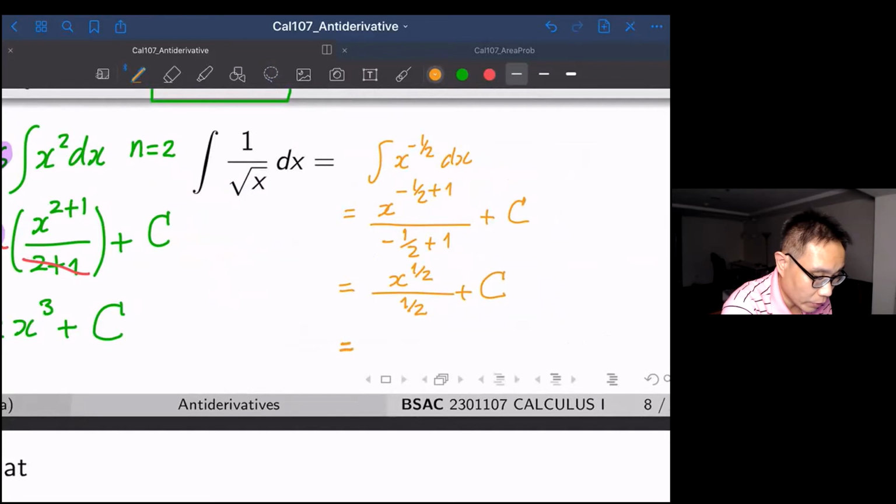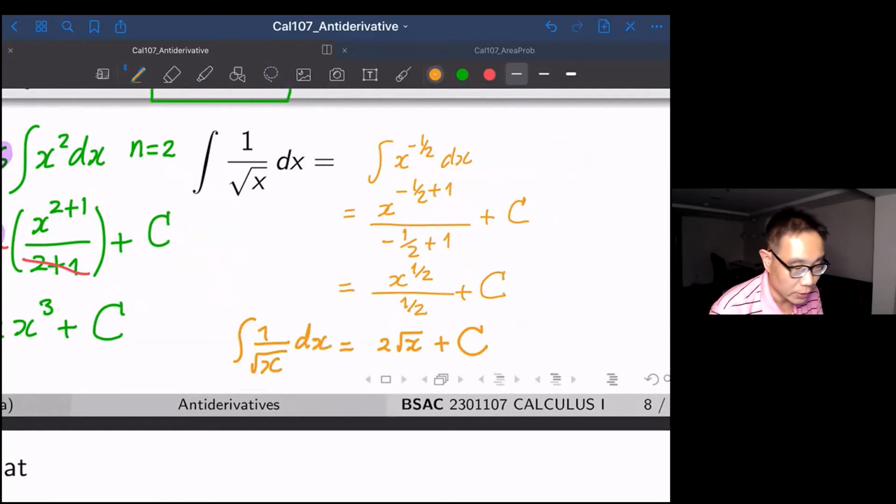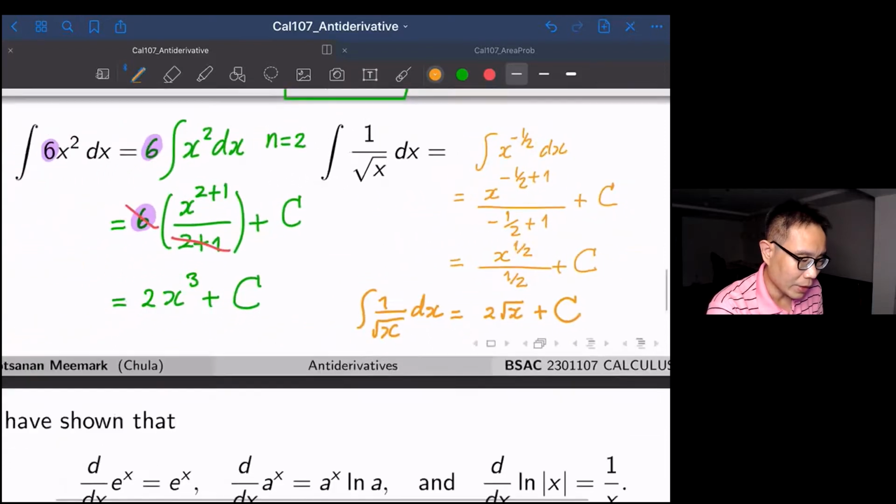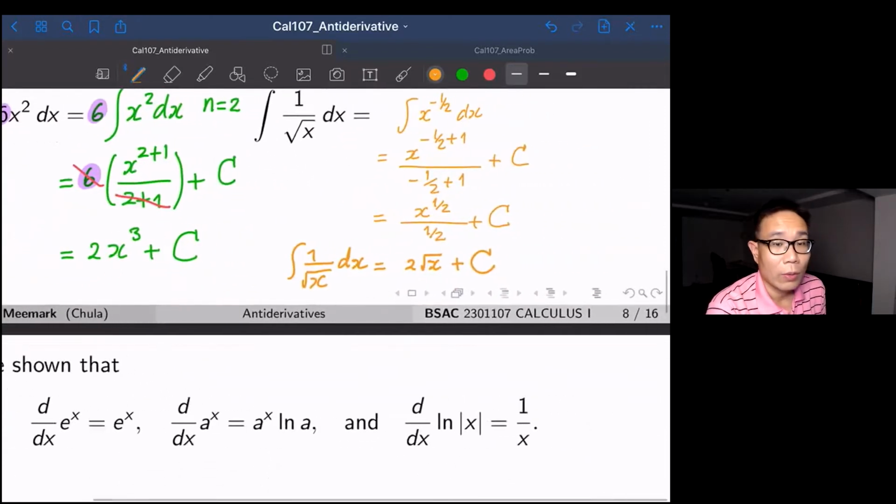So this will be equal to 2 root x plus c. And this is the one that you normally have on your quiz, your exercises, your exam. The integral of 1 over root x dx is going to be 2 root x kind of automatically after this. So that will be the thing that we normally use.